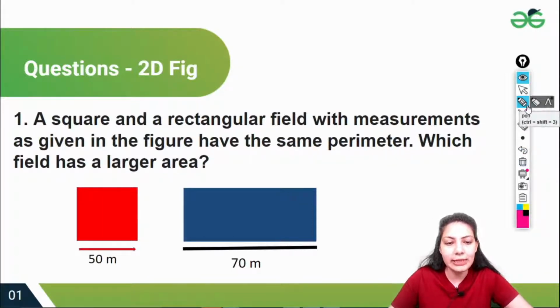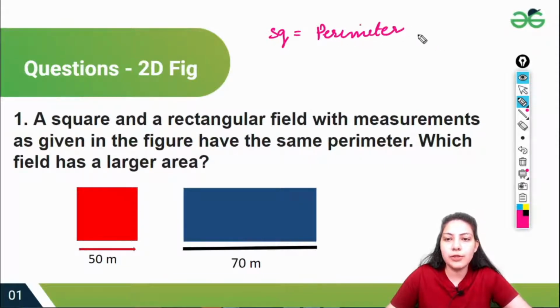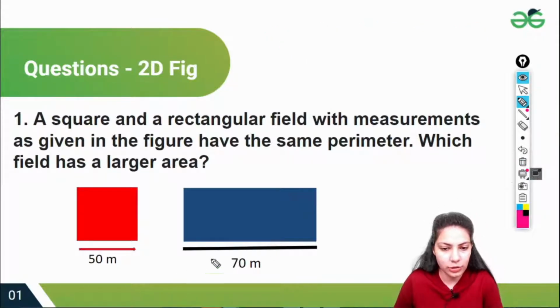As we have said, for example, this is the square. So the perimeter of the square is given equals to, wait a minute, let us switch the slide.